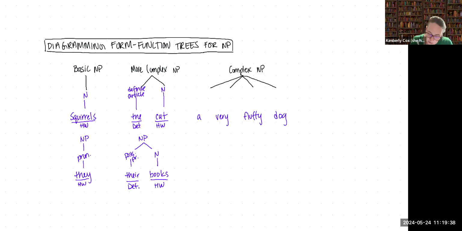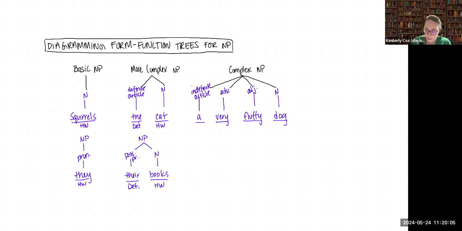Here we have an indefinite article, right? Very is actually an adverb. Fluffy is an adjective, and dog is a noun. So let's then look at how they function. So those are the forms.